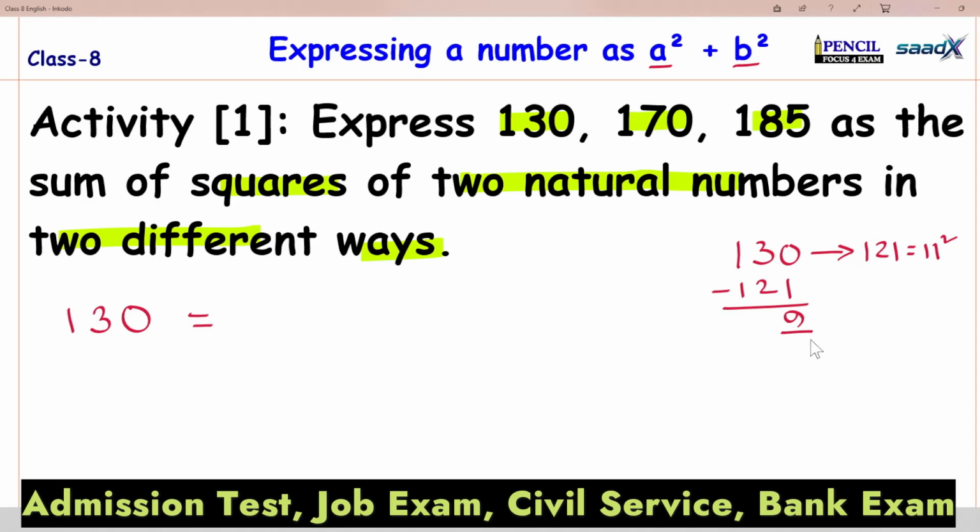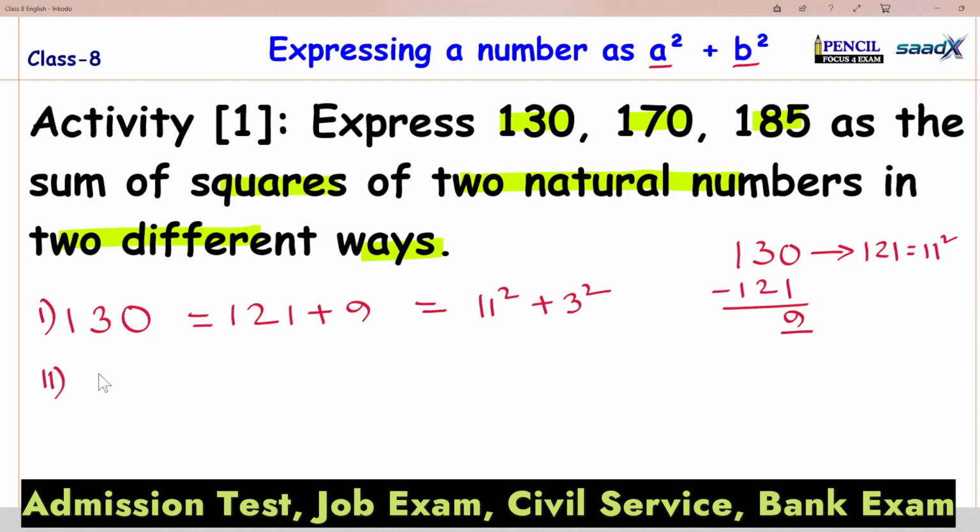Look, 9 is also a perfect square, right? So in this case we can write 121 plus 9, which means 130. We can express this as 11 square plus 3 square. Okay, so the first one is done.